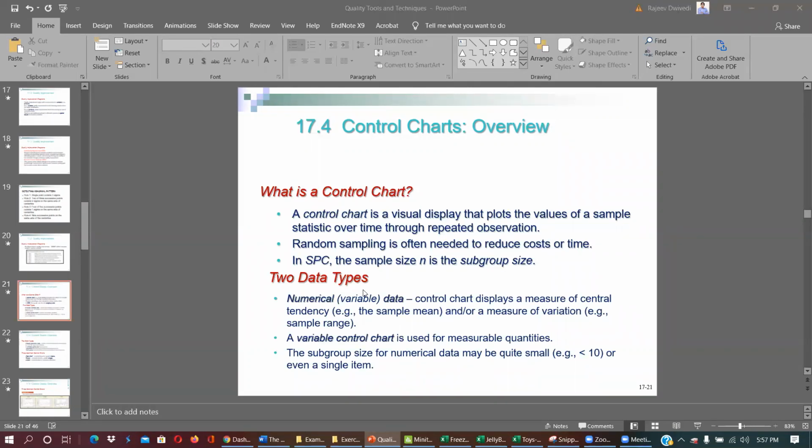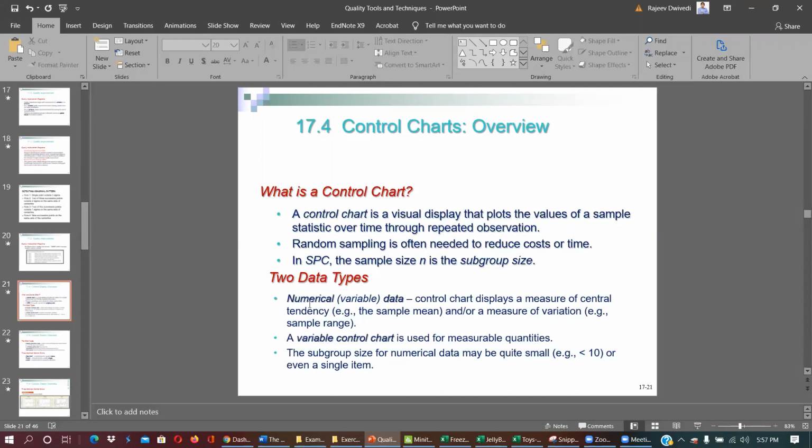Let's say the weight of a product is 10 grams or 10 ounces or whatever unit you prefer. Is that in control? So they have randomly selected a couple of items, and now they would like to check whether the process is in control. So for that purpose, control charts are there.